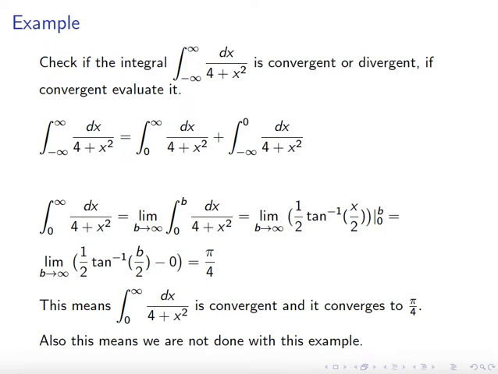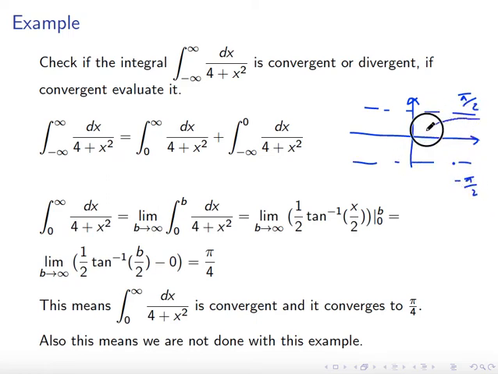Remember that the graph of tan inverse looks like this. So this is pi over 2, and this is negative pi over 2. As you see, when the variable goes to infinity, tan inverse goes to pi over 2, and when the variable goes to negative infinity, tan inverse goes to negative pi over 2.